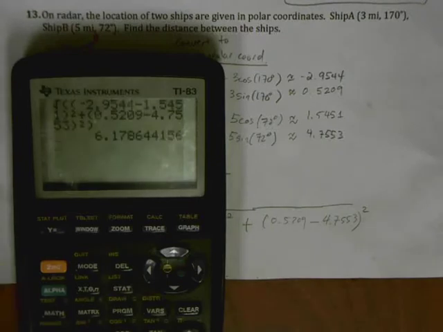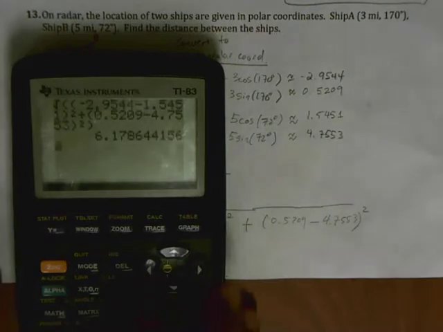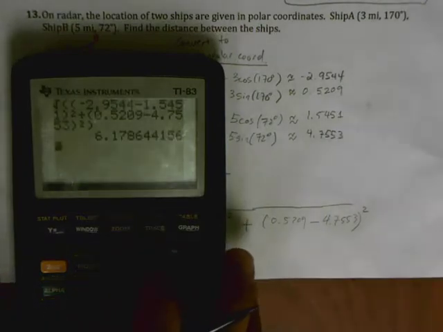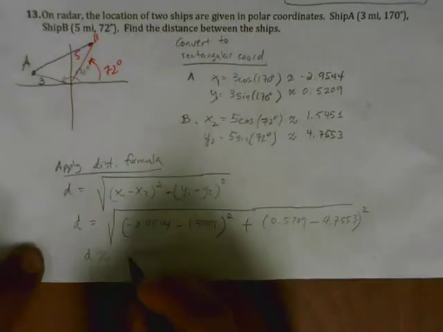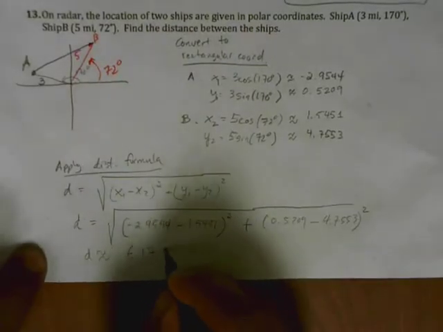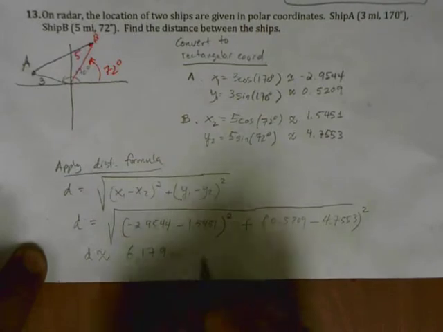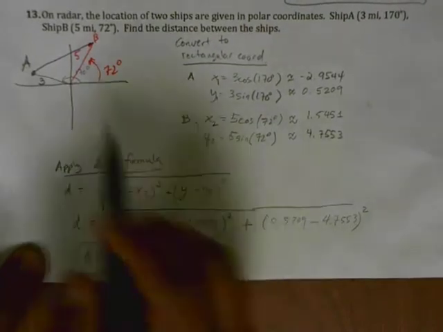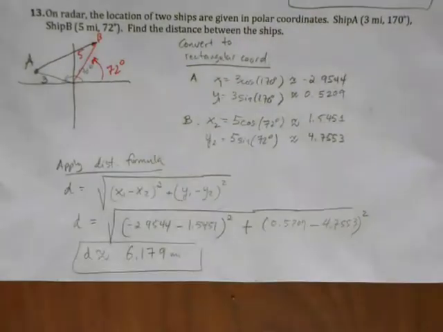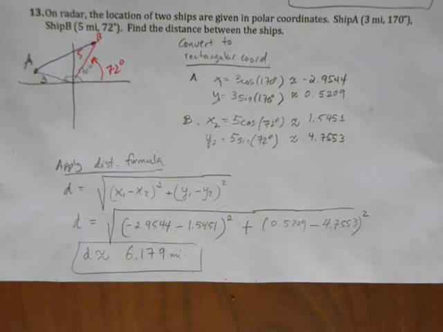We're taking the square root of the whole thing. So it gives us approximately 6.179 miles. 6.179 miles. And that's the distance between A and B. Okay. We're going to pause it, get some new paper, and we're going to do this problem another way.